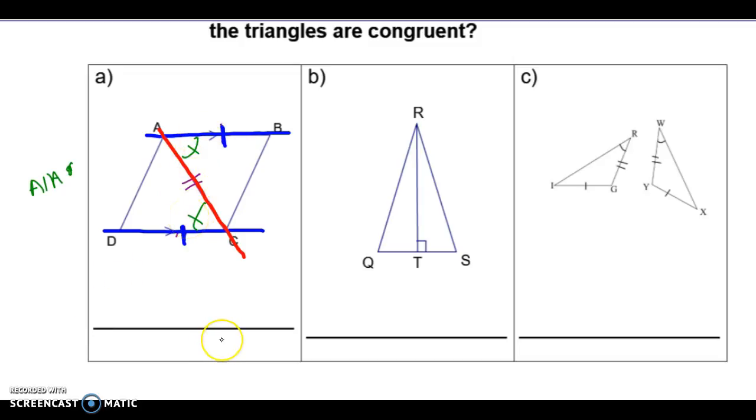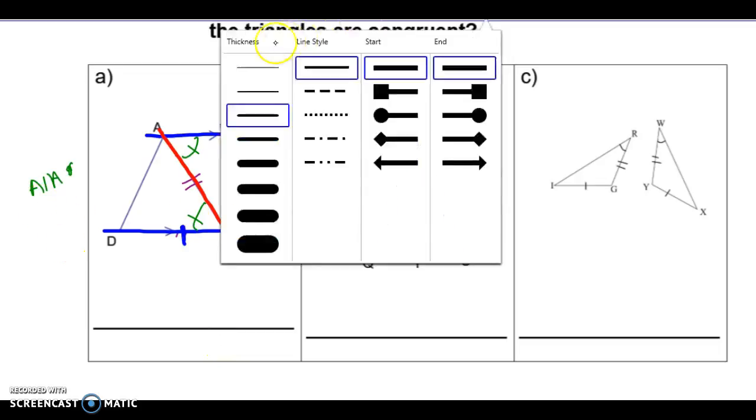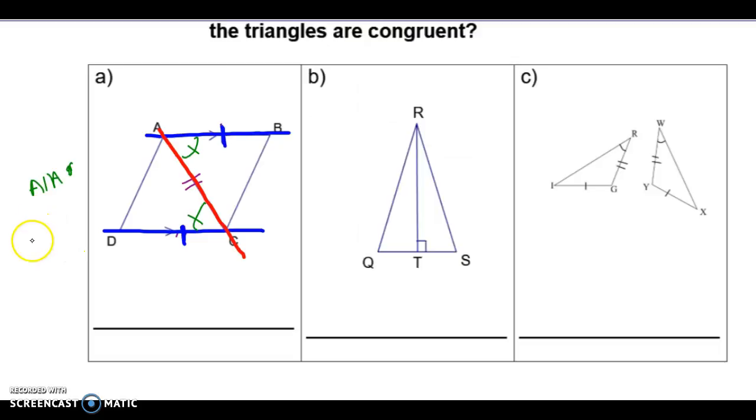So I want to see if there is a triangle congruence theorem that I can use. I know there's side, side, side, side, angle, side, angle, side, angle, angle, angle, side, and hypotenuse leg. I know there's no right triangle, so it's not hypotenuse leg. I don't have three sides marked, so it can't be side, side, side.